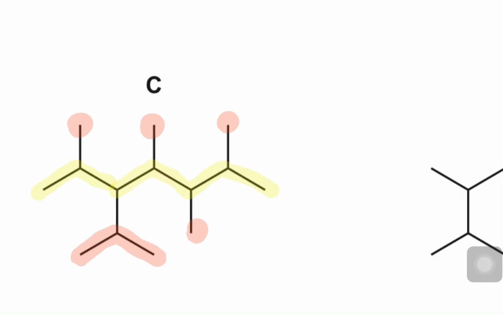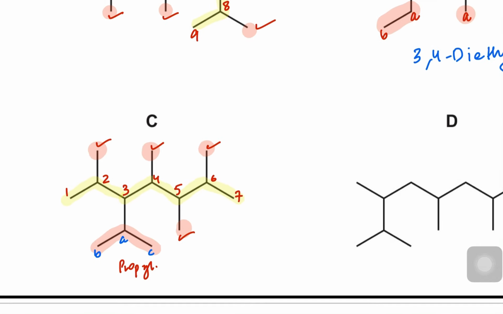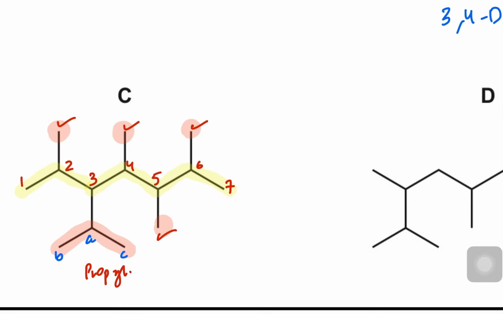You can see there are 3 carbons A, B, C. Don't worry about the naming here because now you can just count the number of total carbons. Starting from left, 1, 2, 3, 4, 5, 6, 7. It's a heptane with a methyl on 2, 4, 6, 5, and there's a 3 carbon branch which is a propyl. We don't have to do the naming here, but let's count the carbons.